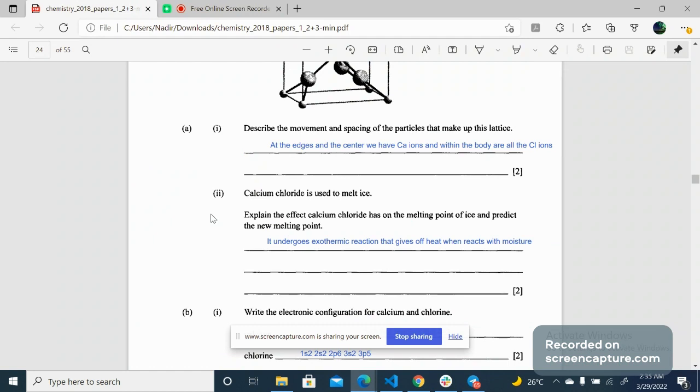So since calcium chloride is used as a compound to melt ice, what is the underlying process it undergoes to melt ice? That is the crux of this question. What happens is, reactions are basically of two types: exothermic and endothermic, depending on whether they are releasing heat or absorbing heat in order to go through the process of having a reaction.